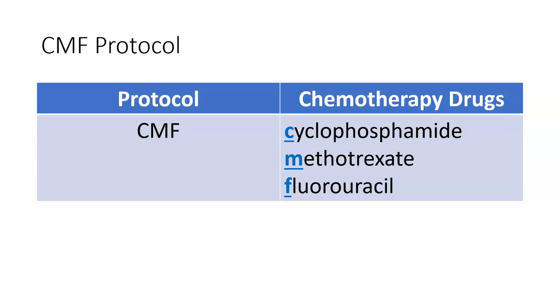So the CMF protocol is used to treat breast cancer. So it stands for cyclophosphamide, methotrexate, and fluorouracil. So they would use these three drugs together, like in a cocktail formulation. Maybe not all mixed in the same bag, but in the same course of treatment. And again, these are going to be used to treat breast cancer.